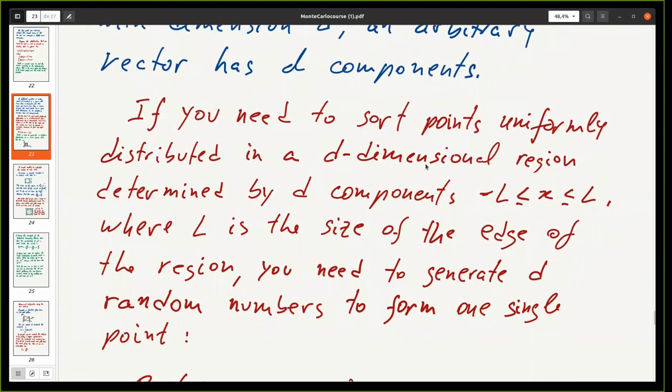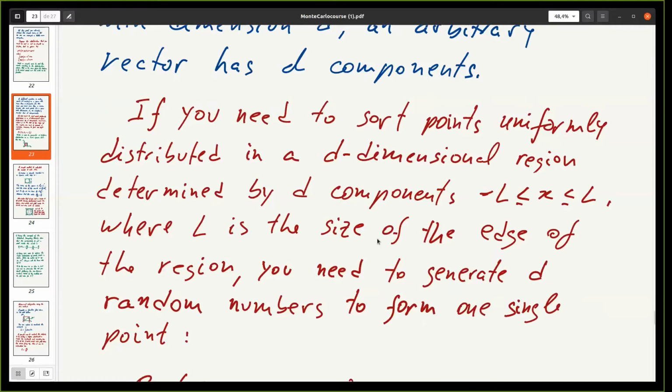So let's suppose you have a simple form, a cube or a hypercube in a d-dimension space, and you wanted to select components with random numbers between minus L and plus L, where L is the size of the edge of this region or this hypercube.